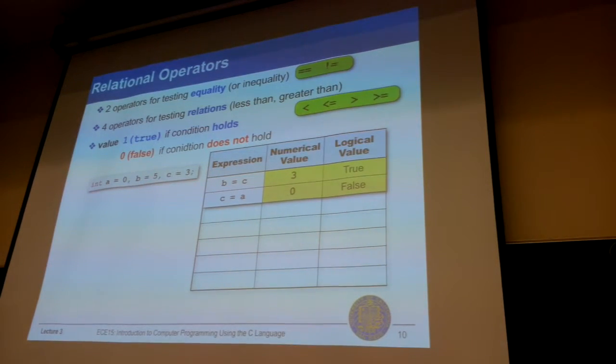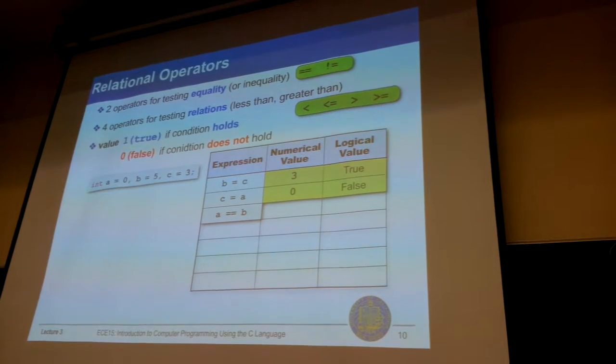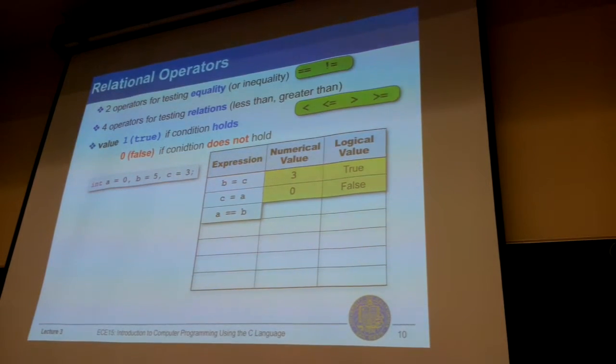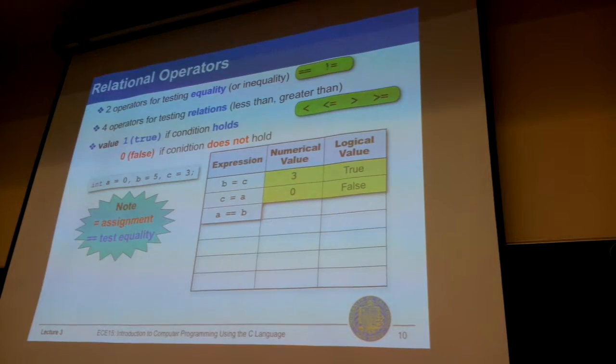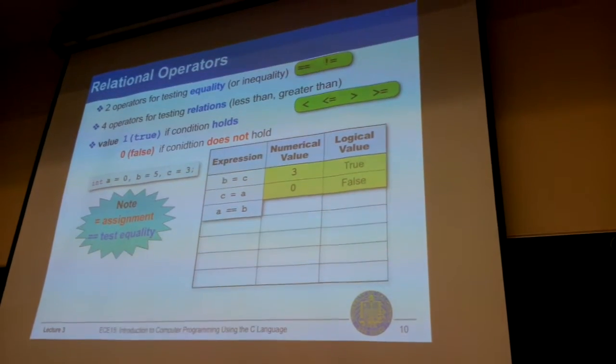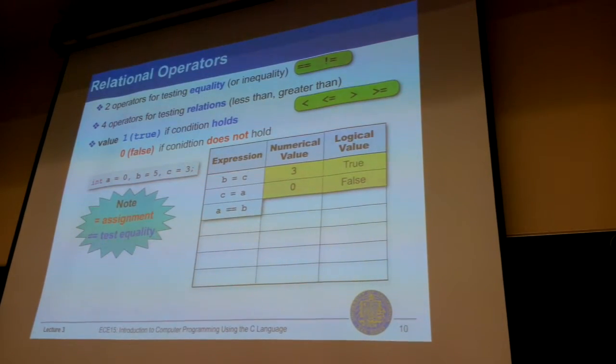Now if we have A equals B, great. So most of you clicked in false, right? Because A is 0, B is 5, so they're not equal, obviously.